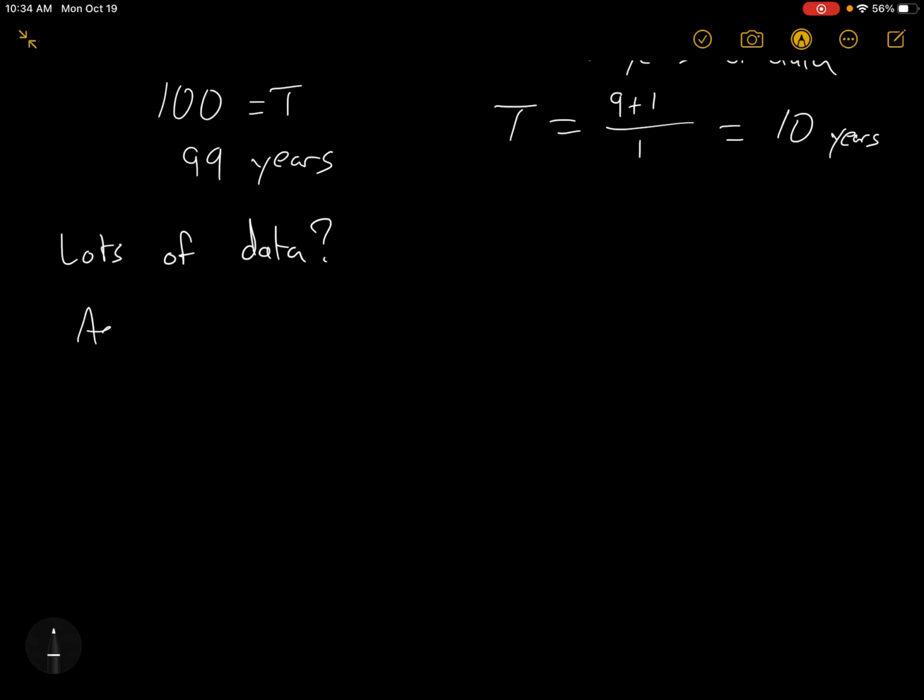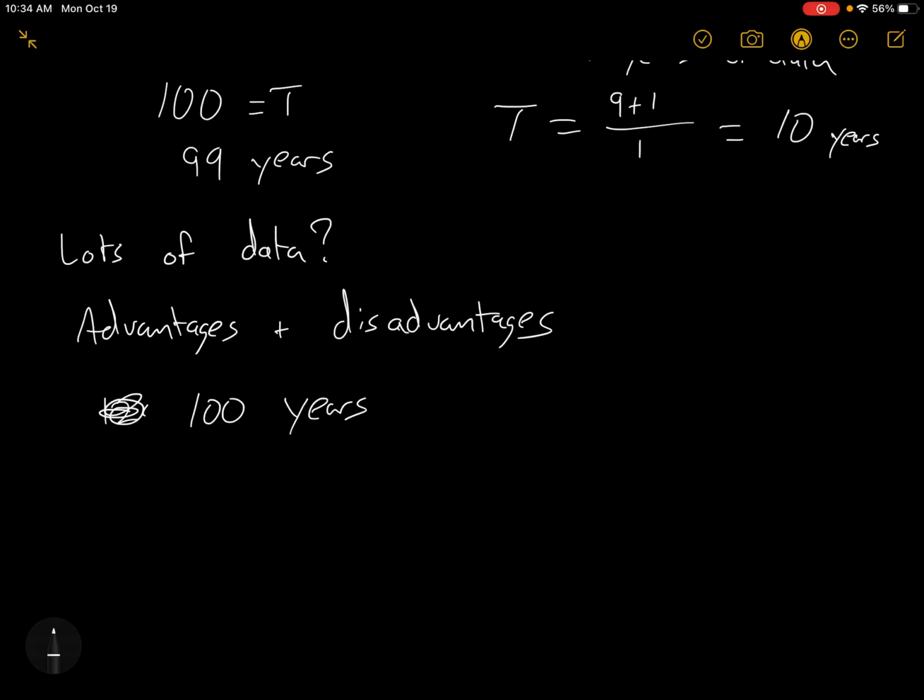Let's think about the advantages and disadvantages of having lots of data. So let's say we have 100 years of flooding data for the Passaic River.